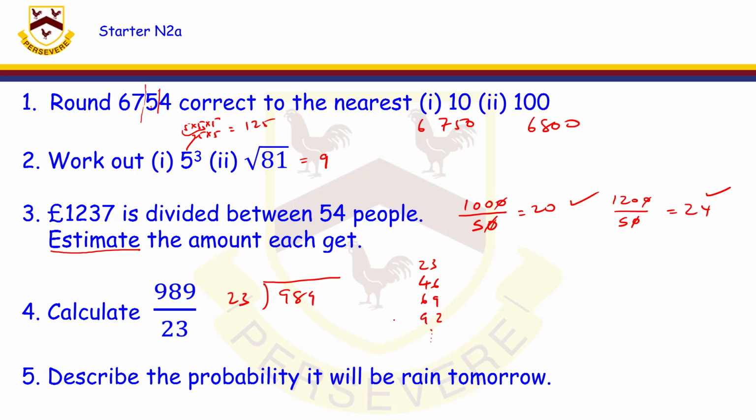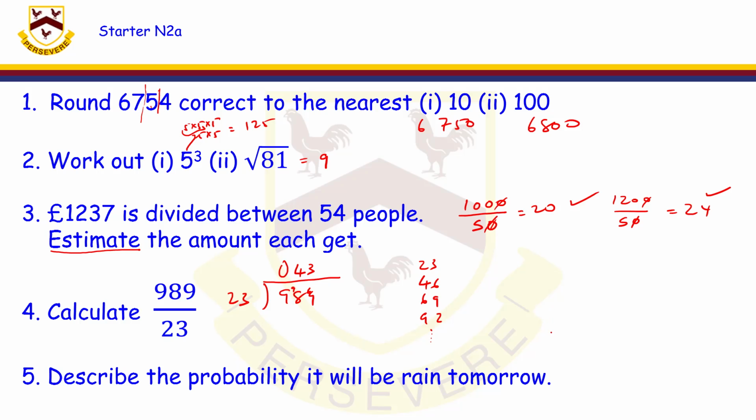I think that's enough. 23 can't go into 9, into 98. It goes 4 times. Remainder 6, and into 69 goes 3 times. So answer is 43.